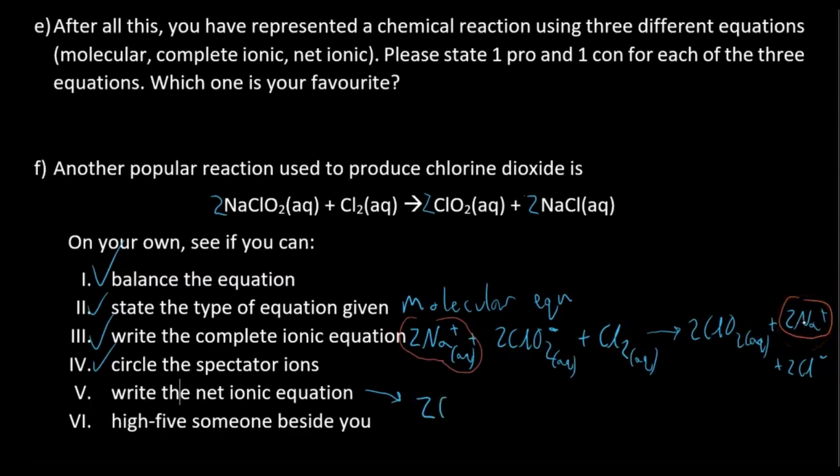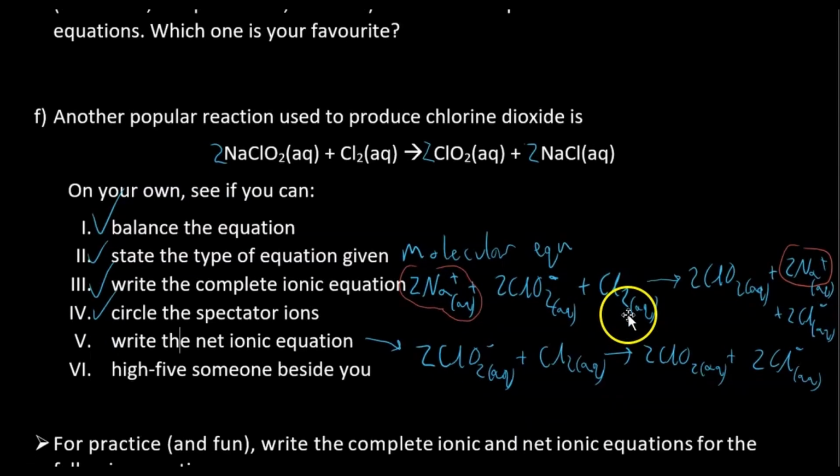So we have 2 ClO2 negative AQ plus Cl2 aqueous, and our chlorine dioxide aqueous, and our 2 chlorides, which don't cancel out. Oh, this should be AQ, and I'll put an AQ here. Good. All right, that's it.